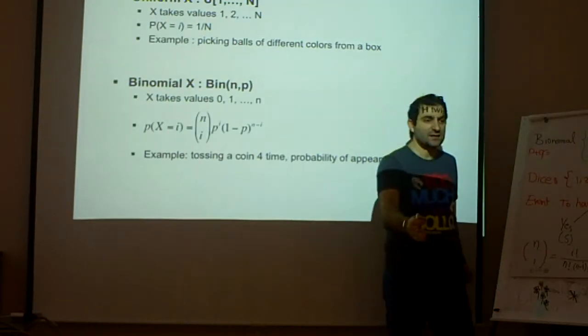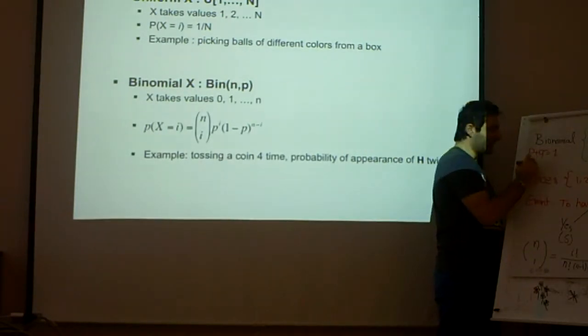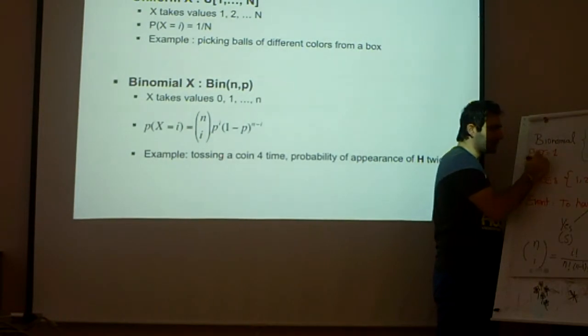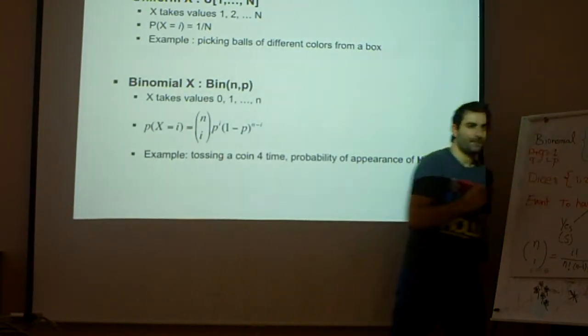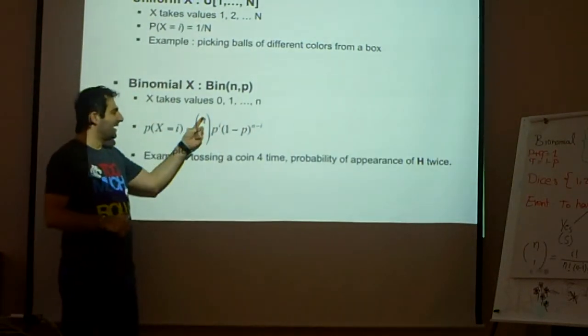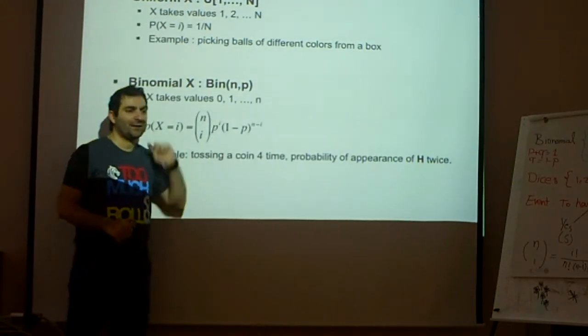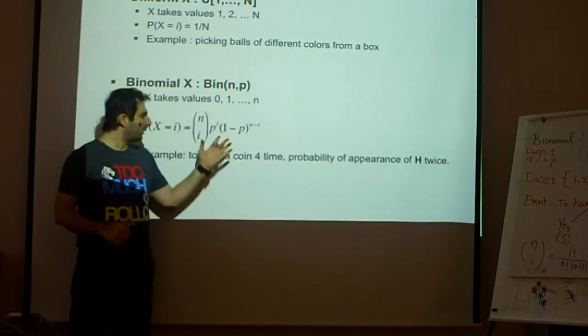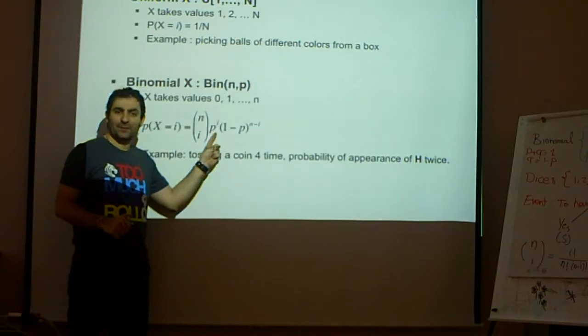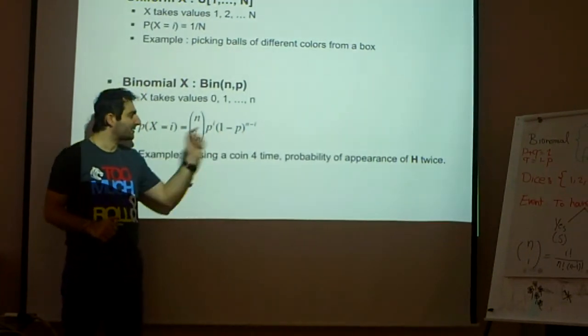If you are successful, you cannot be a failure. So this means that I can always say Q is equal to 1 minus P. That's why in some books you will see it written as the combination of n and i, P to the power i, Q to the power n minus i. Or like in here, you will see P to the power i multiplied by 1 minus P to the power n minus i.